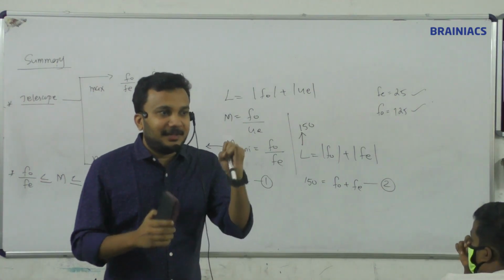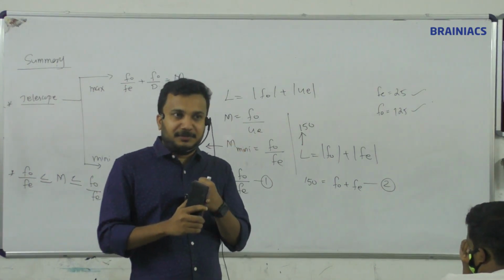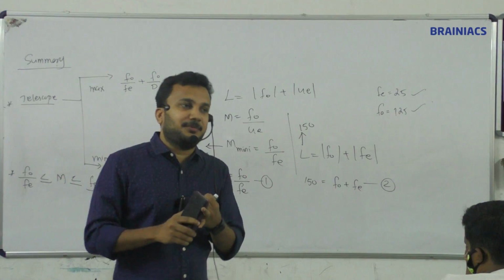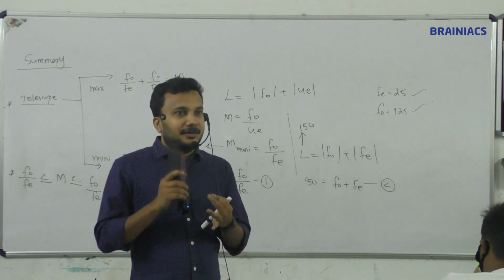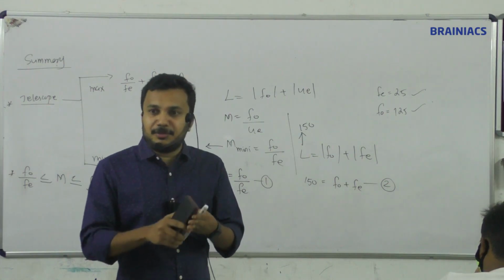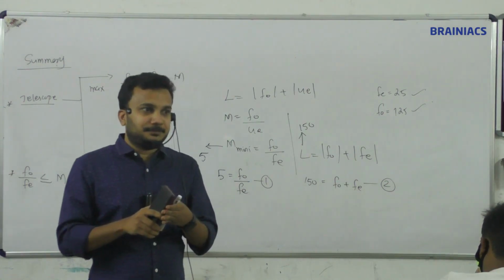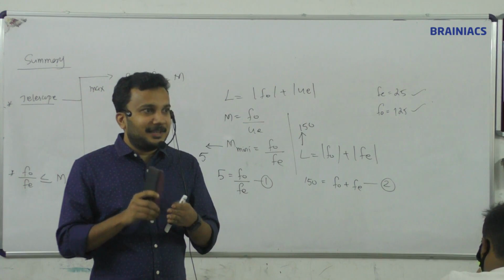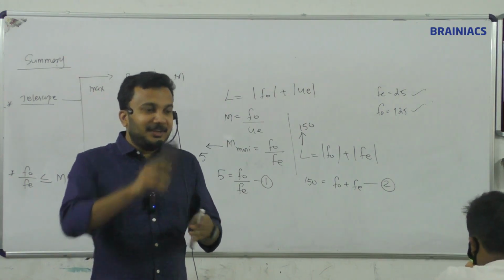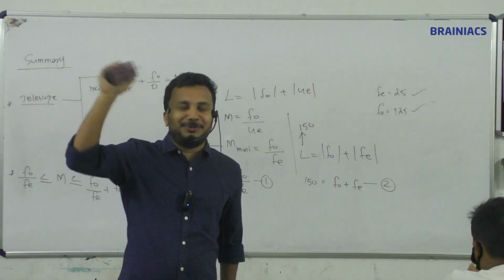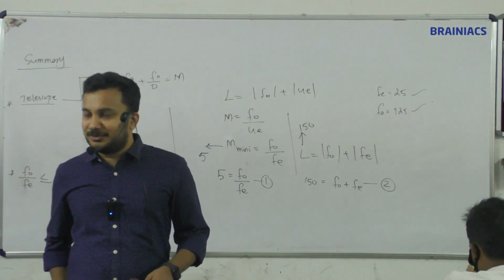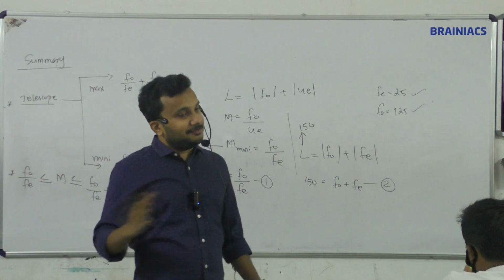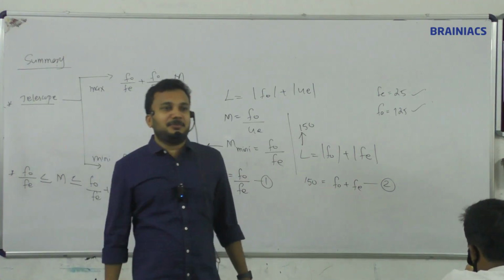The minimum magnification formula is V naught by U naught into D by FE, and the length of the microscope is V naught plus FE. You can look into your notebook. You don't want to think from the air, because you learned it just 5 minutes before, so it's very hard to remember. There are many formulas. Once you revise it, it will come to your mind.